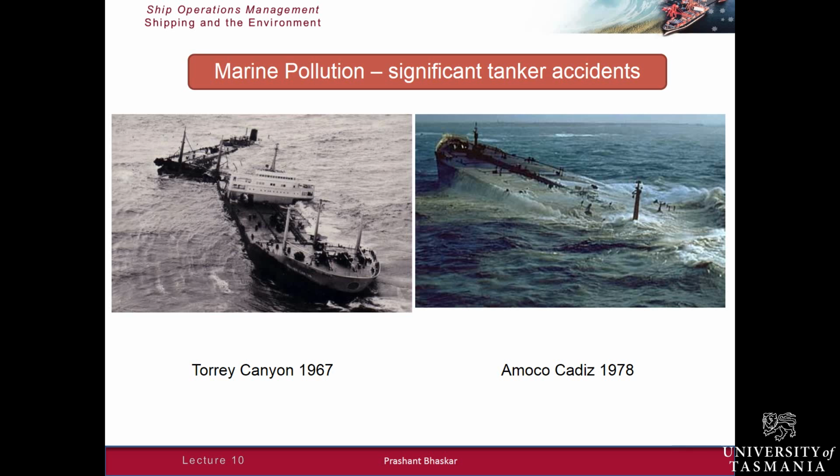Under that convention, a compulsory insurance scheme was prescribed so that those people who were affected by oil spills from tankers could be compensated.